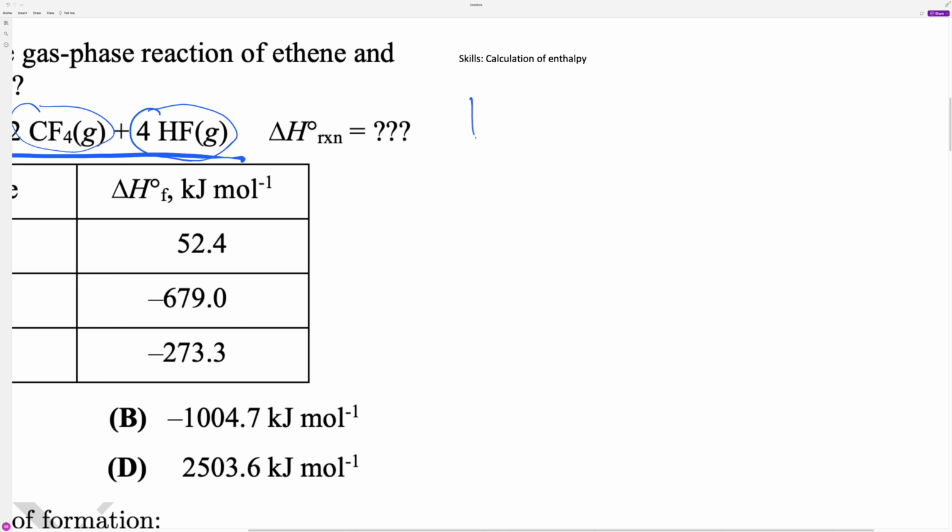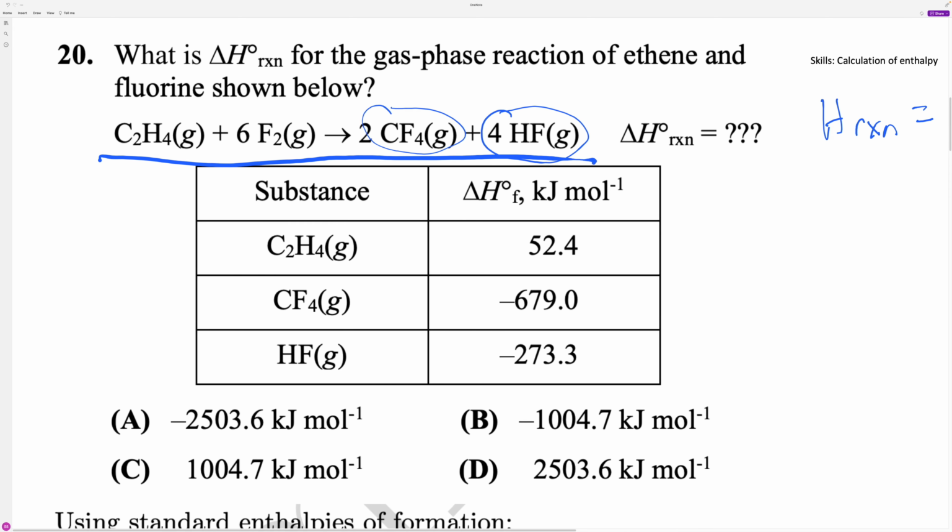So the enthalpy of reaction is going to end up being 2 times the enthalpy of CF4 plus 4 of the enthalpy of HF, and then we're going to subtract our reactant, C2H4.